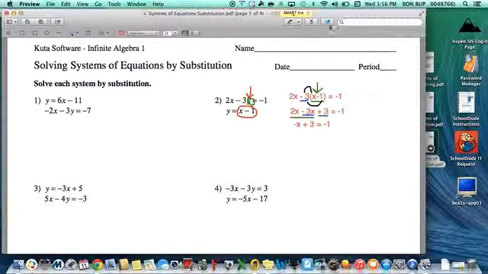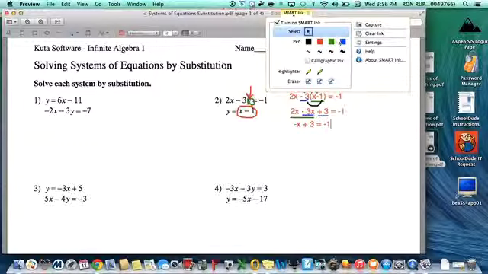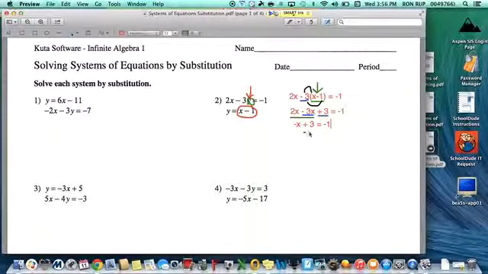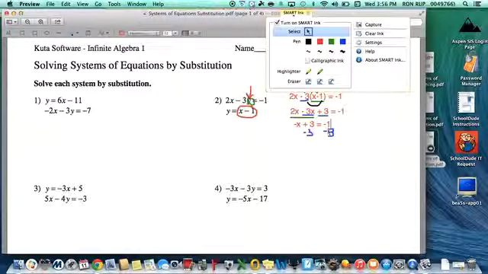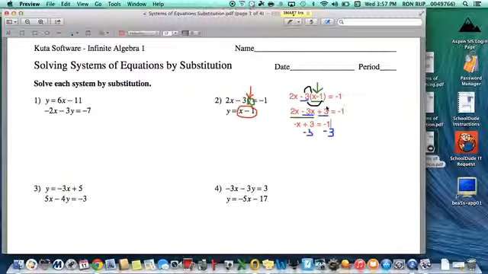Now we're just going to solve the equation for x like we would any other problem. We got to get the x by itself, so we need to subtract 3 from each side. 3 minus 3 is 0. What we do to one side, we have to do to the other. Now here's where you got to be careful. Don't be afraid to check with your calculator. Negative 1 minus 3 is going to be negative 4.